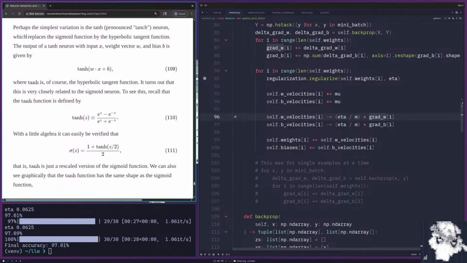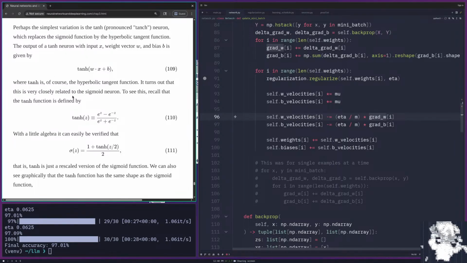Let me mention a couple of alternate model neurons and give you the flavor of some variations in common use. Perhaps the simplest variation is the tanh neuron, which replaces the sigmoid function by the hyperbolic tangent function. The output of a tanh neuron with input x, weight vector w and bias b, is given by tanh of w dot x plus b, where tanh is of course the hyperbolic tangent function.